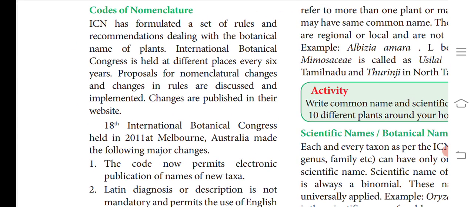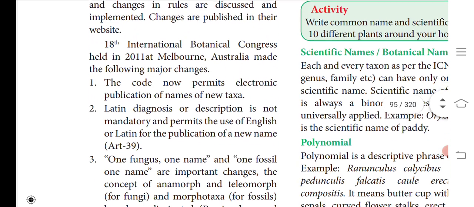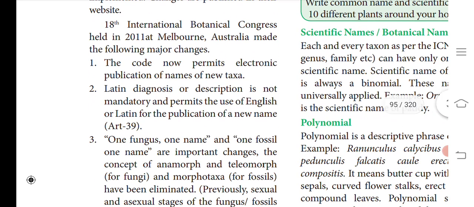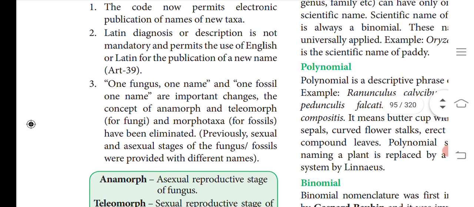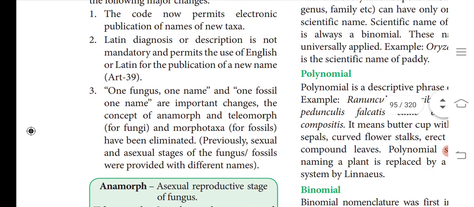Okay. Then codes of nomenclature. ICN has formulated a set of rules and recommendations to name the plants. The 18th International Botanical Congress conducted the meeting in 2011 at Melbourne, Australia. They have made a few changes. The code now permits electronic publication of names of new taxa.